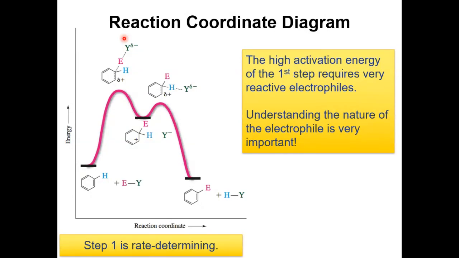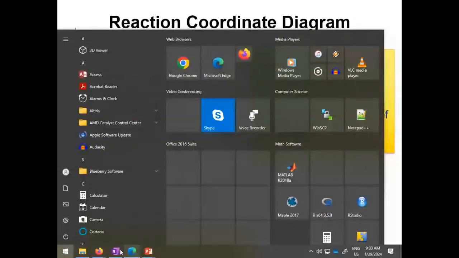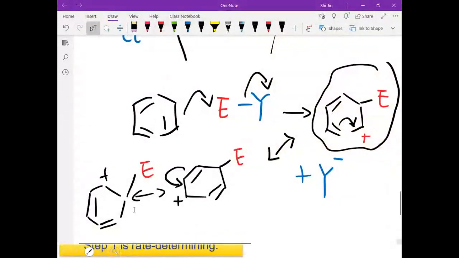The entire reaction will be slower because this first step is rate determining. So understanding the structure of the sigma complex is of huge importance, and one crucial instrument you can use to understand it is resonance. So you will need this instrument to aid your study.